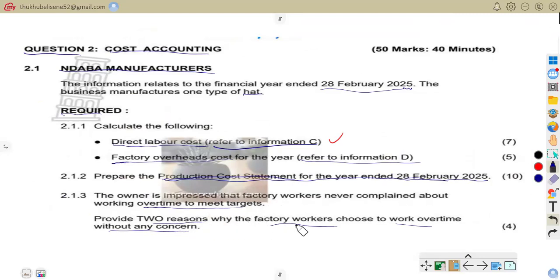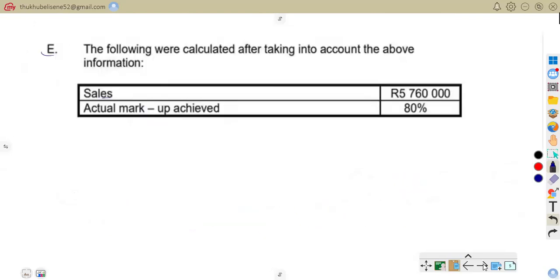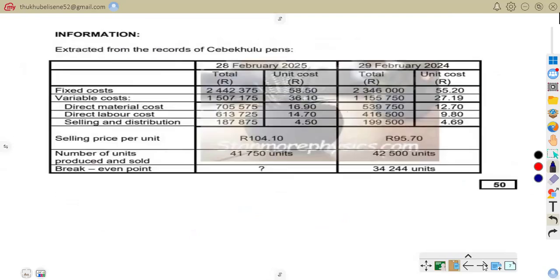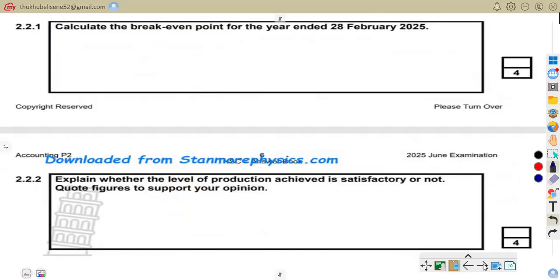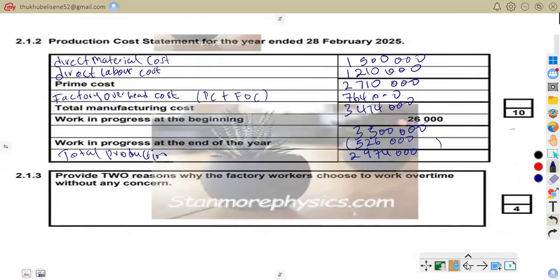Provide 2 reasons why the factory workers choose to work overtime without any concern. So let's quickly answer that question. 2.13.